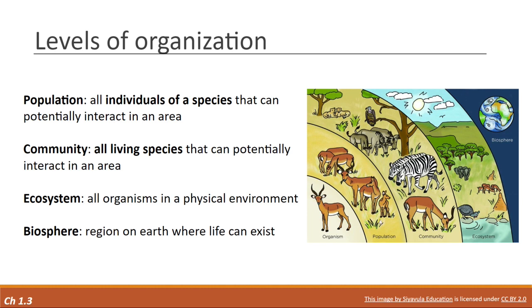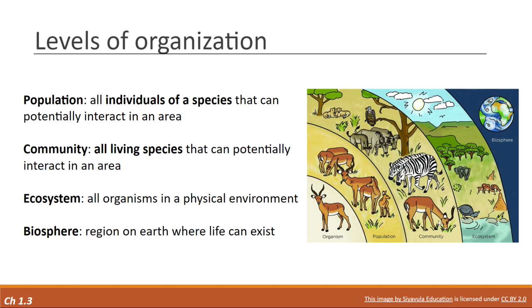So we would talk about the population of humans, the population of dogs, the population of trees, any living organism. When we put together all the living species, we are talking about a community. A community would be all the animals and all the plants, even all the bacteria, all the living things.